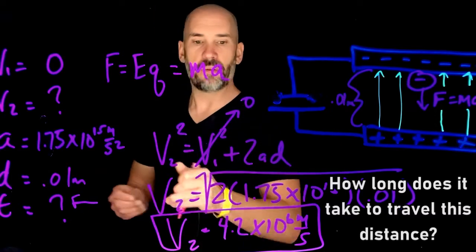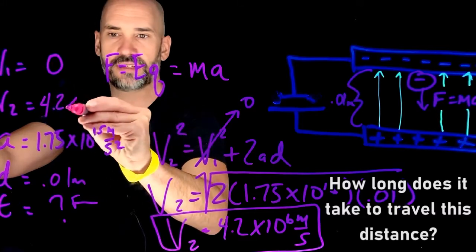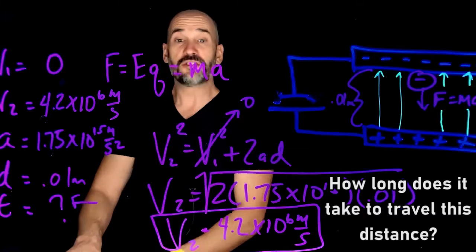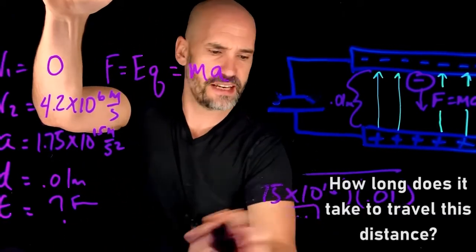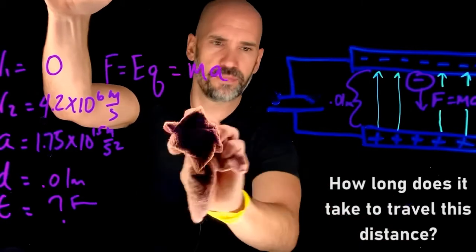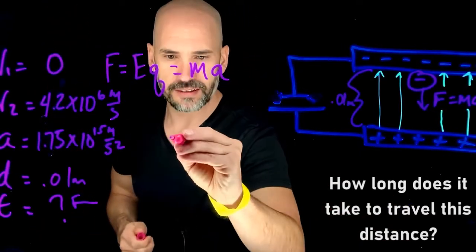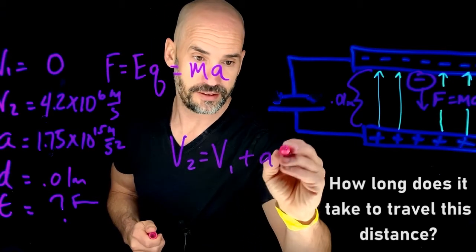All right, so now we know that V2 is actually 4.2 times 10 to the 6th meters per second. All we have to do is use another kinematics equation, one that you know very well, to solve for this t. I'll give you a second to think about it. And hopefully the answer that you came up with is V2 equals V1 plus AT.